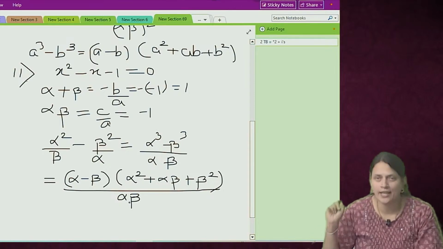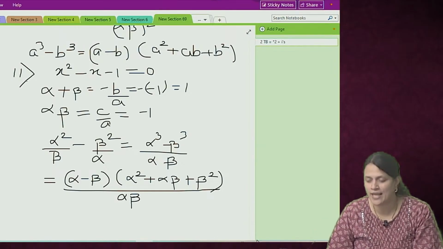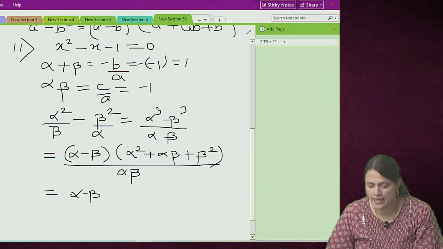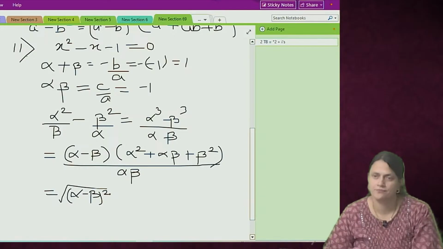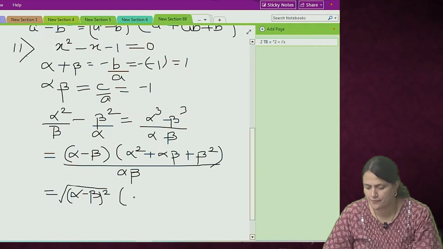Now tell me, can I write alpha minus beta as square root of? Check what I am doing in this step. Alpha minus beta, I can write it down as square root of alpha minus beta whole bracket square. Okay? And the rest will follow as it is.